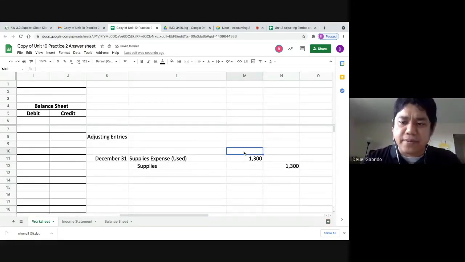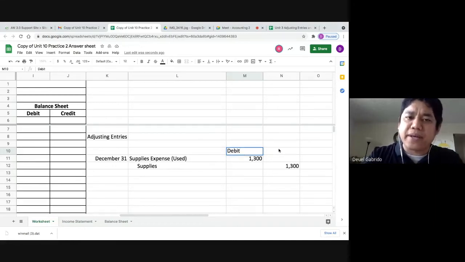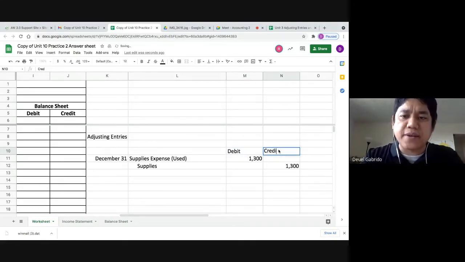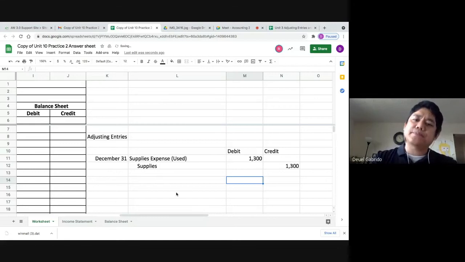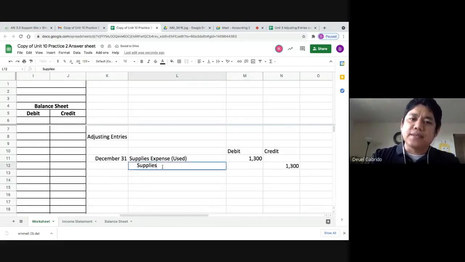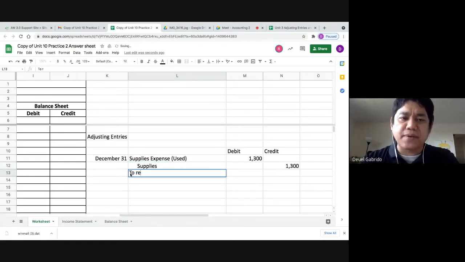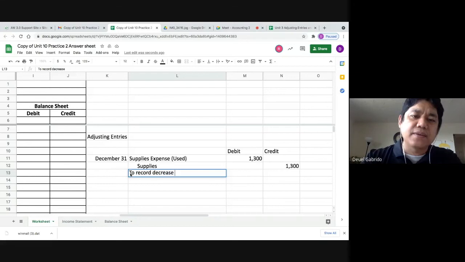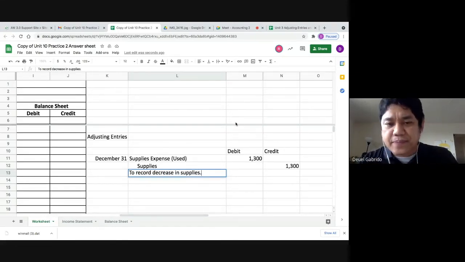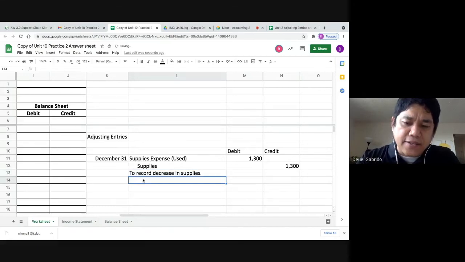Ask a question about the correcting adjusting entry. Is there a question? I'll put a note: to record the decrease in supplies. Calculation: the total supplies is $2,000 at the beginning.